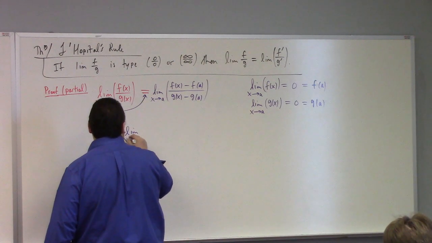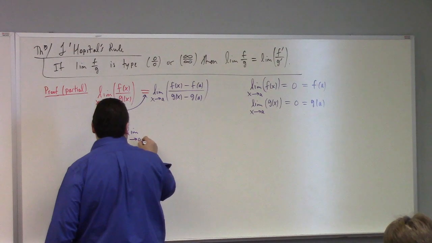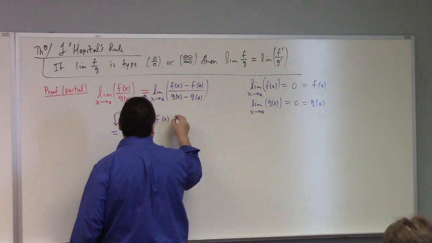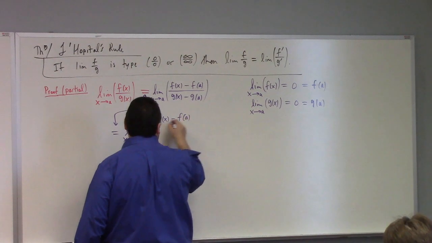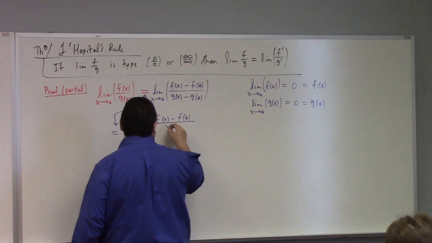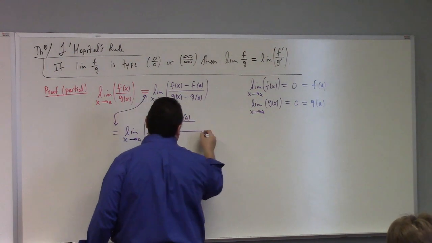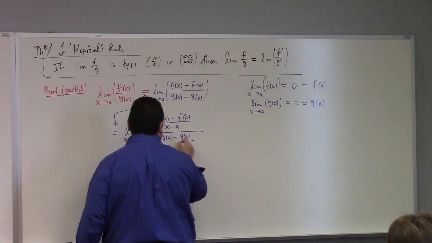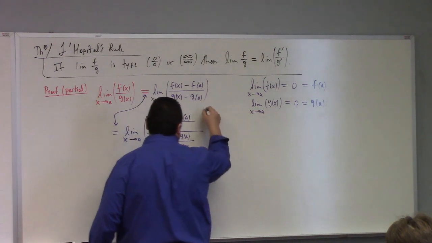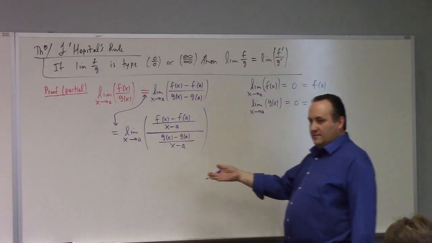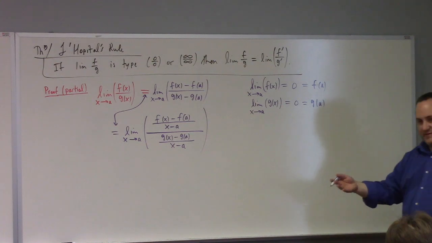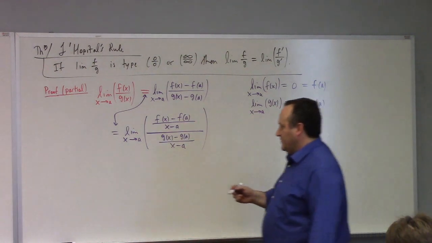Remember, how did we define the derivative? We defined the derivative in terms of the limit of the difference quotient, right? How about if I divide the numerator by x minus a and I divide the denominator by x minus a, right? If I do that, and then I use the quotient rule for limits, the limit of the quotient is the quotient of the limits, what do I have?